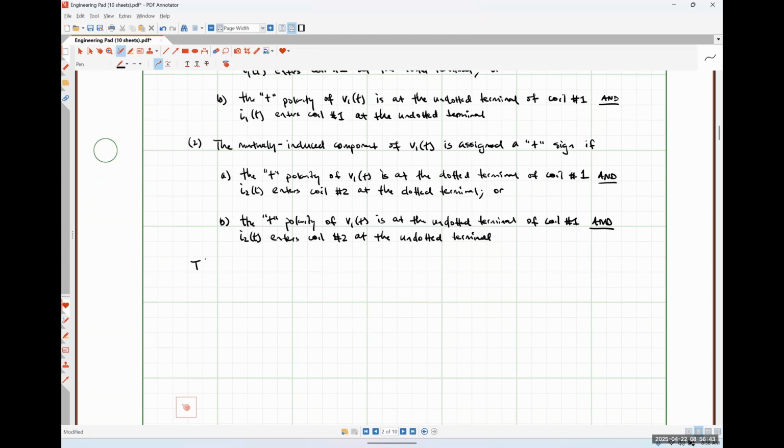So if these criteria are not met, the term gets a negative sign.